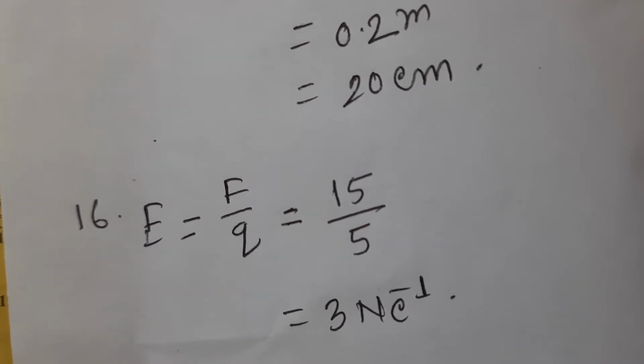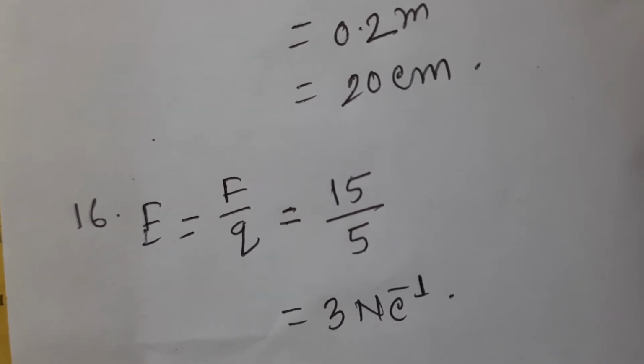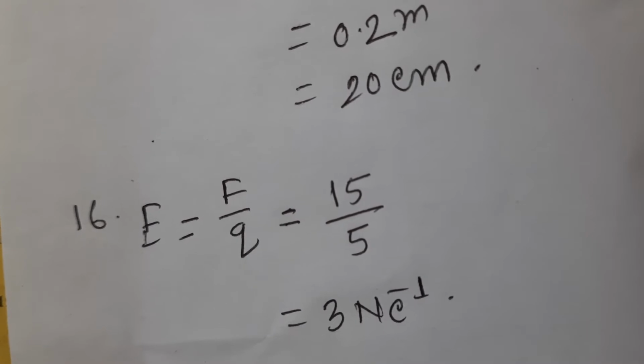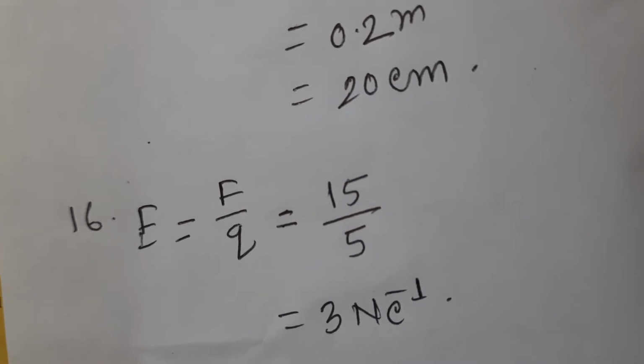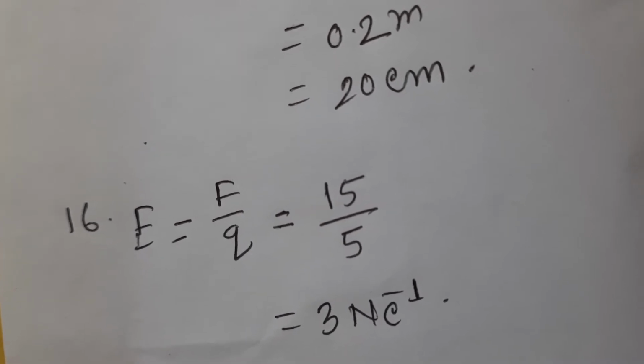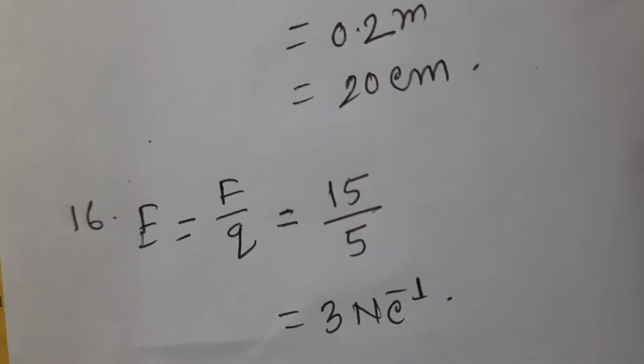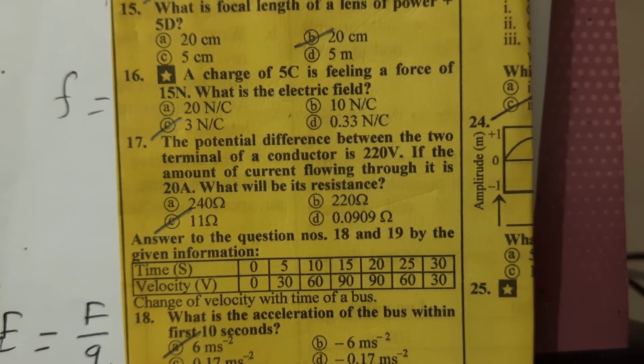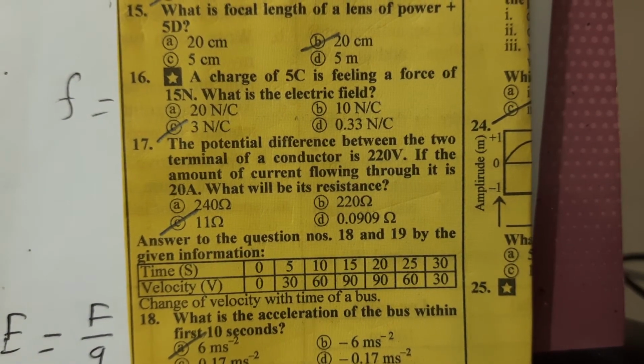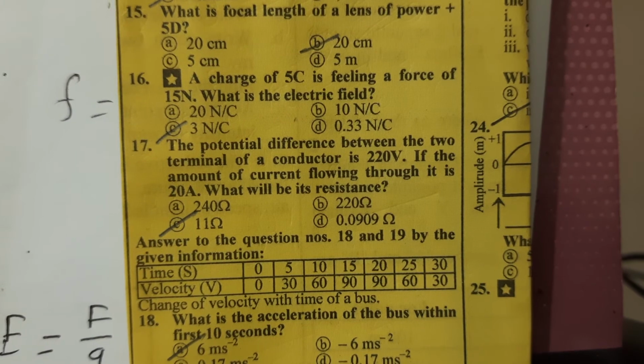So we can write E equal to F by Q. So putting the values, we get E equal to 3 Newton per coulomb. So the answer of question number 16 will be C.